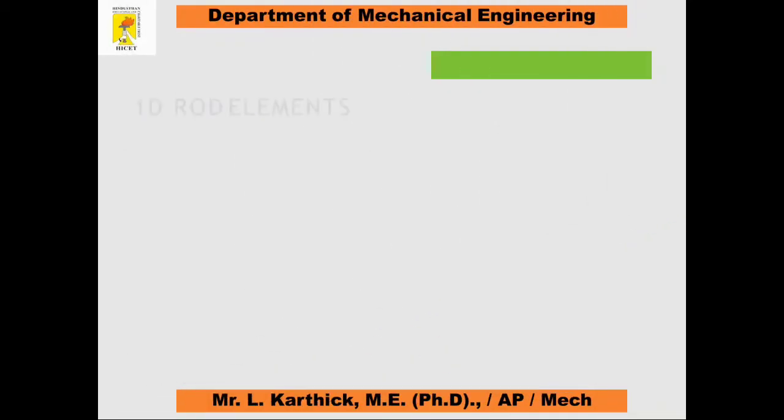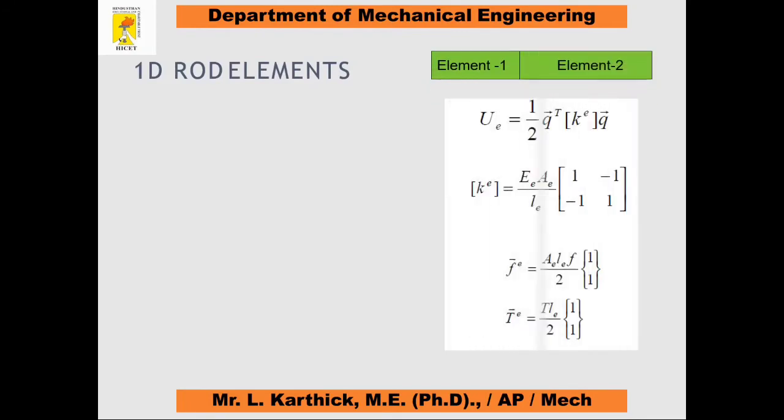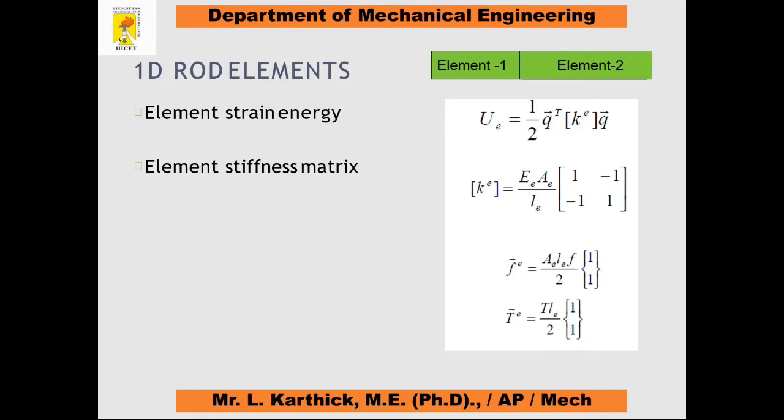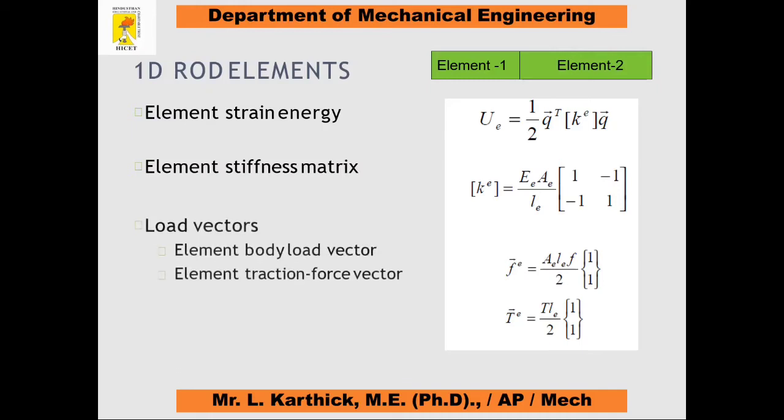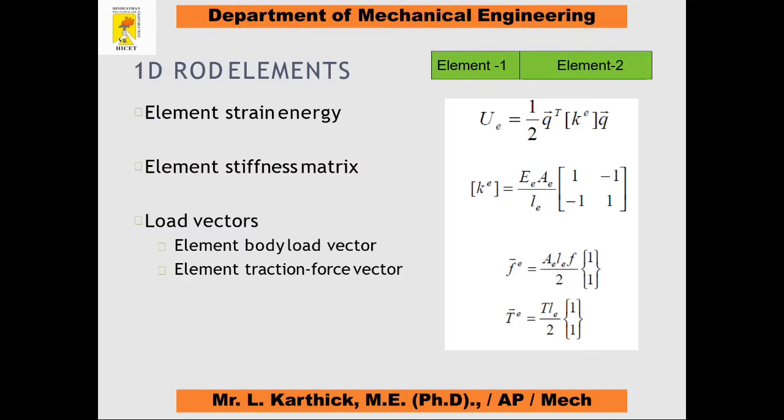Moving on to how these elements can be split and how these loads can be calculated with mathematical expressions. Based on this equation, see here, it is a one-dimensional rod. We may split the one-dimensional rod into two elements, so element number 1 and element number 2 are given. For this, how do we calculate? These are the three major things.